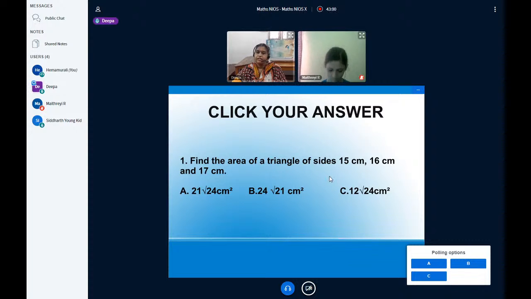First, you should find the s. That means s is a plus b plus c by 2. That means three sides, triangle sides, you add and divide by 2. Find the s. And a is 15, b is 16, and c is 17. You substitute directly into the formula: root of s into s minus a, s minus b, s minus c.